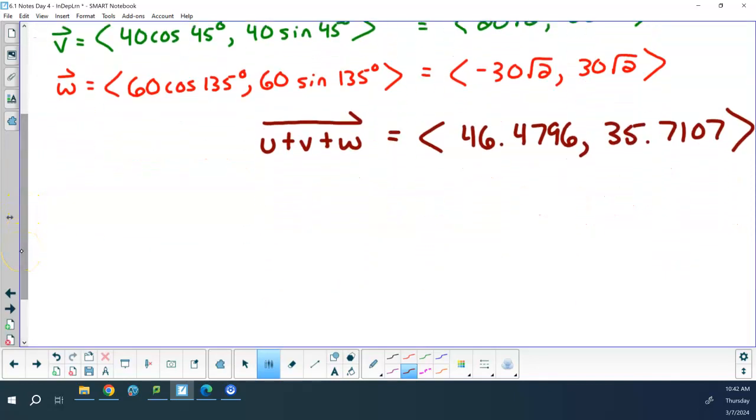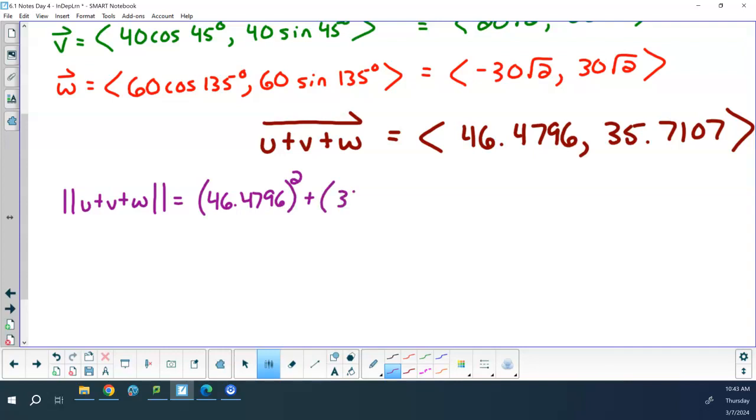So then now we have to come up with the magnitude of u plus v plus w. So that's going to be 46.4796 squared plus 35.7107 squared. Big square root thereof.